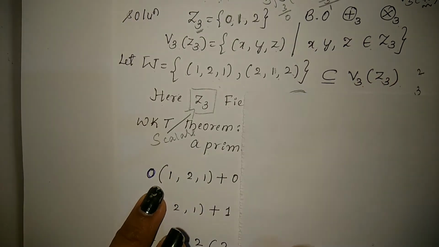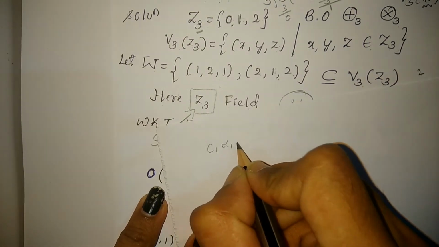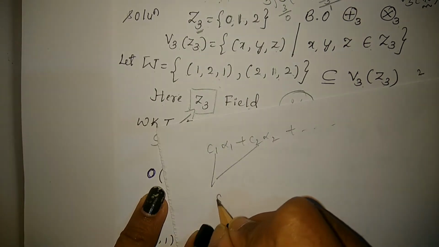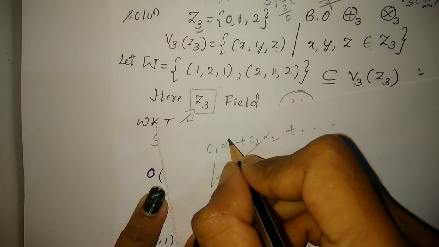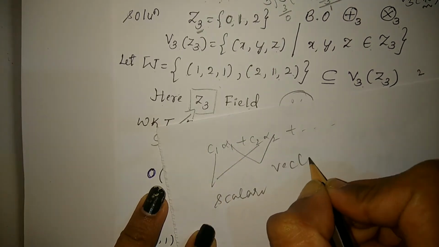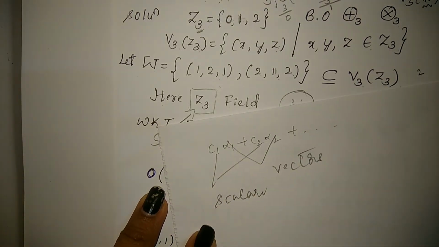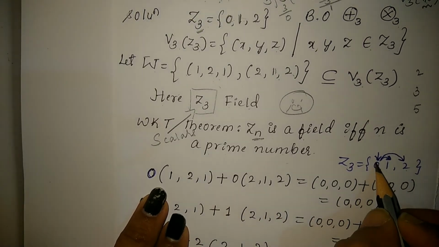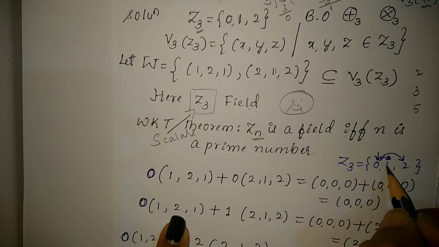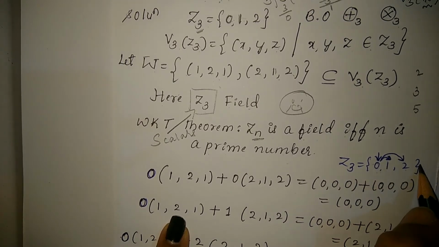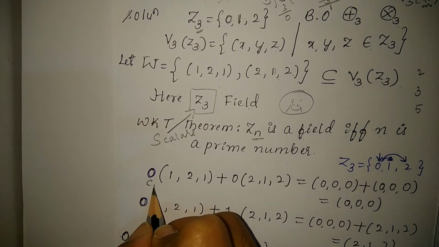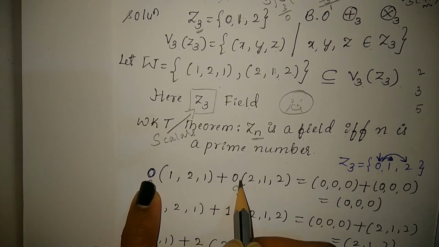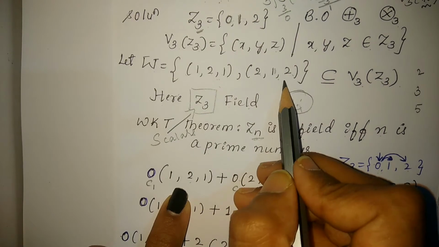We know that a linear combination is C1 alpha 1 plus C2 alpha 2 plus C3 alpha 3, and so on, where C1, C2 are scalars and alpha 1, alpha 2 are vectors. Is it okay? So now I am considering 0 with 0, then 0 with 1, then 0 with 2, in place of C1 and C2. So I am taking 0 with 0. The vectors are (1, 2, 1) and (2, 1, 2).